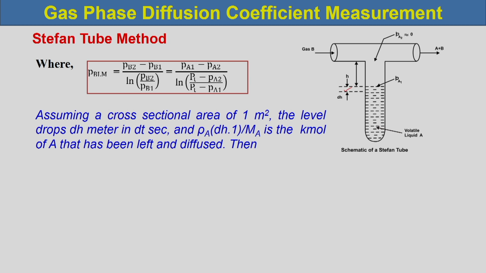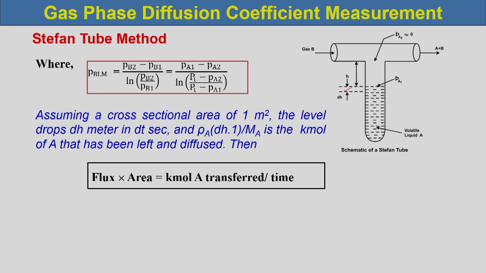We can then calculate rho A into dH into 1 divided by Ma, where rho A is the density of component A and Ma is the molecular weight of component A. This would be equal to the kilomole of A that has been left and diffused. We can then write flux into area would be equal to kilomole of A transferred per unit time.